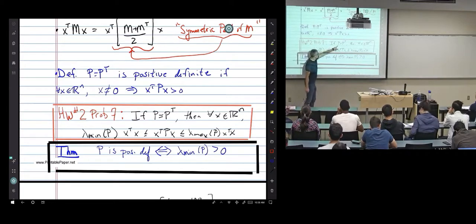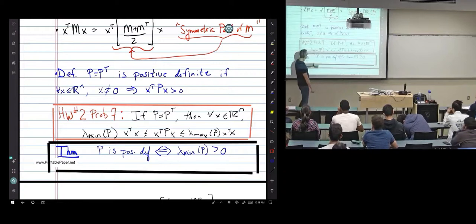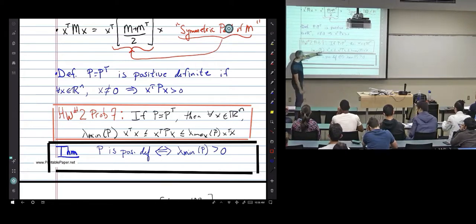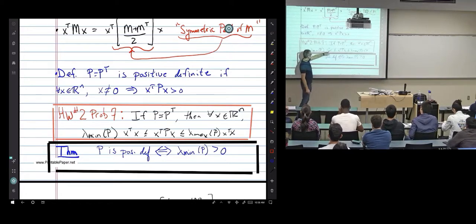So that's true for all symmetric matrices, and hence, if P is going to be positive definite, we need the smallest eigenvalue to be positive. And that's necessary and sufficient because these bounds are tight. A bound is tight if there exists an X for which this is an equality.